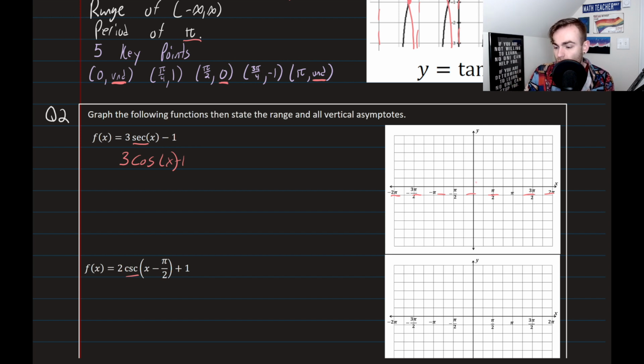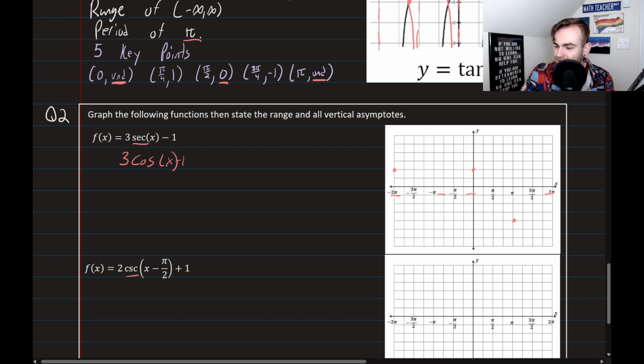So cosine starts 1, 2, 3 above, hits the middle, 3 below, 1, 2, 3, hits the middle, and then 3 above. Mirror on the other side, yes. So we get this beautiful looking cosine curve, the W. Maybe that's the reason why it's one of my favorites.